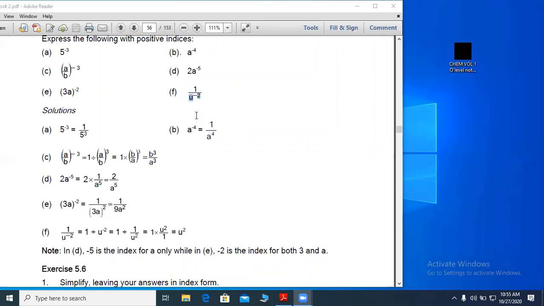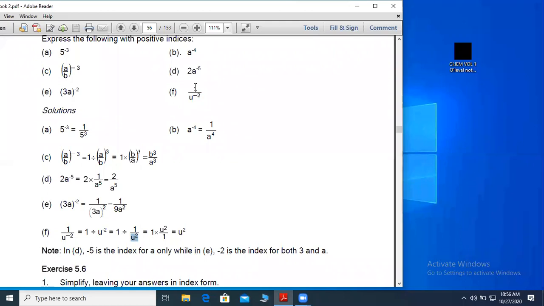I was telling you that for 1 out of u to power negative 2, we could first work out u to power negative 2 alone, using our positive rule of indices. So u to power negative 2 is the same as 1 out of u squared.